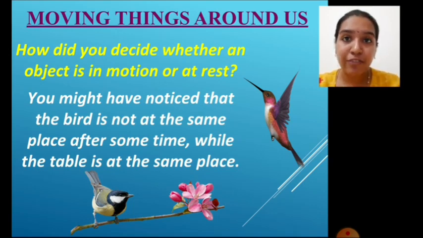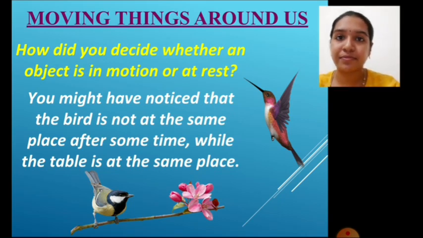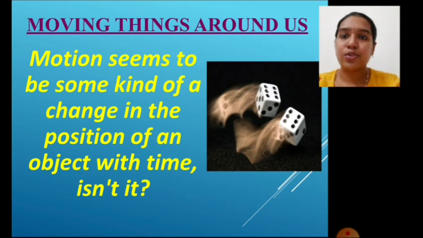When given any force or pressure, some objects show movement. That means they change their position. So, motion is some kind of a change in the position of an object with time.